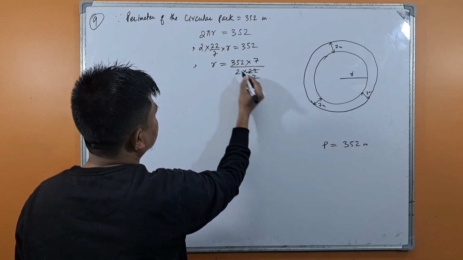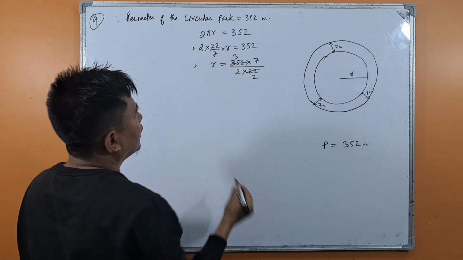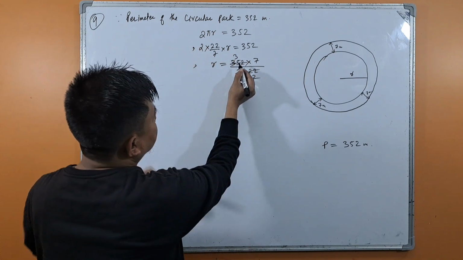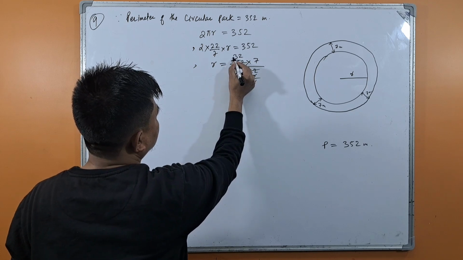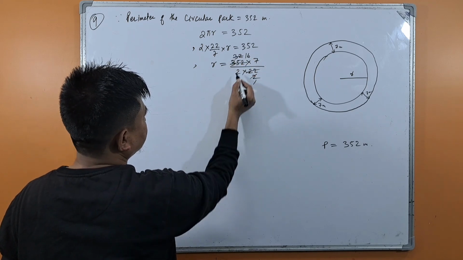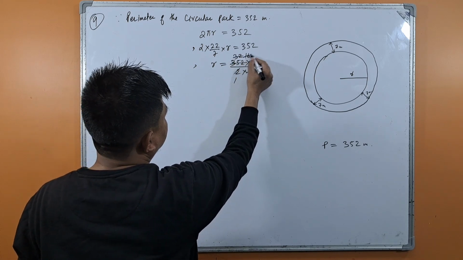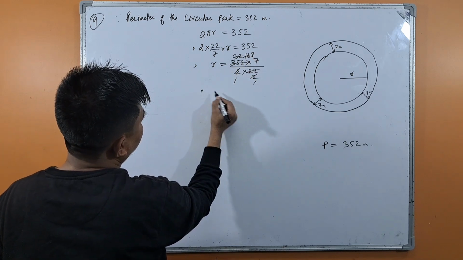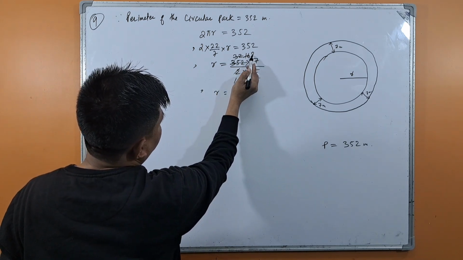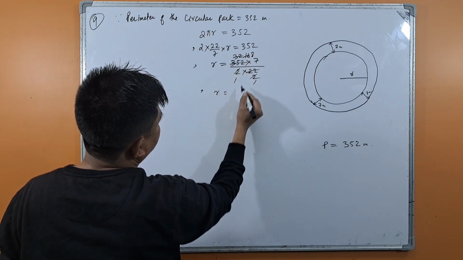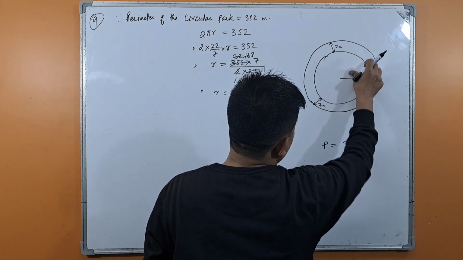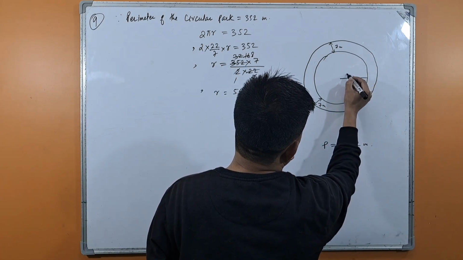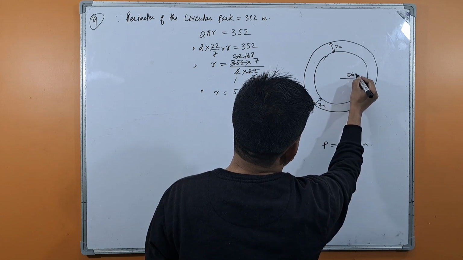Simplifying, r equals 8 into 7, which is 56 meters. So we have the length of the radius of the circular park, that is 56 meters.